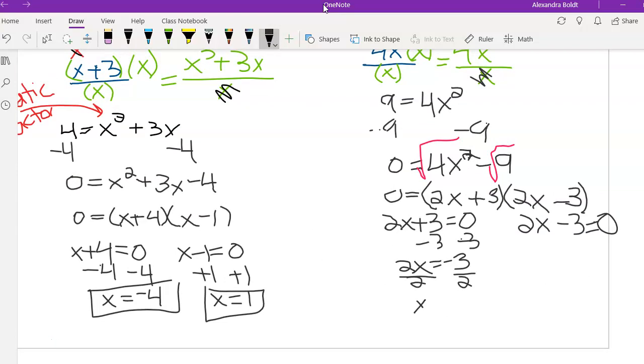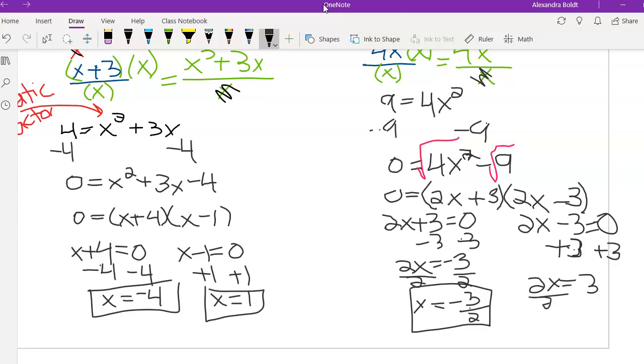So x equals negative 3/2. If you'd like to write that as a decimal and get negative 1.5, that is more than fine. Add 3. 2x equals positive 3. Divide by 2. X equals 3/2.